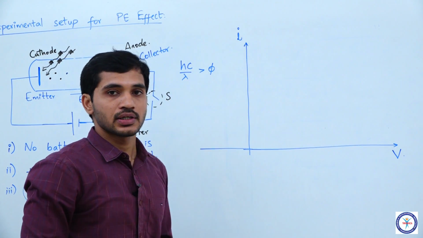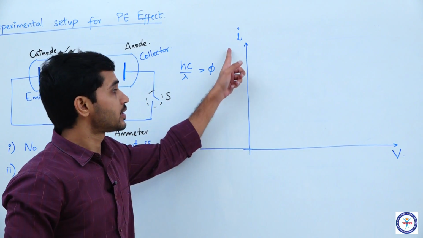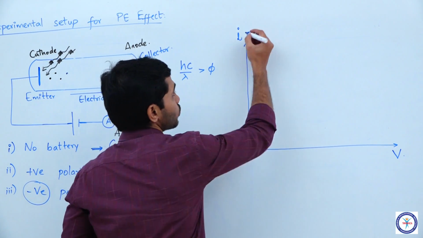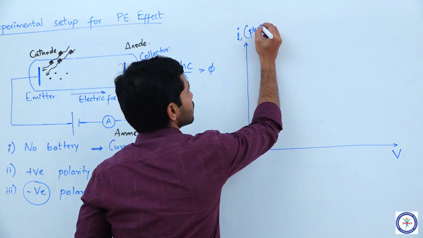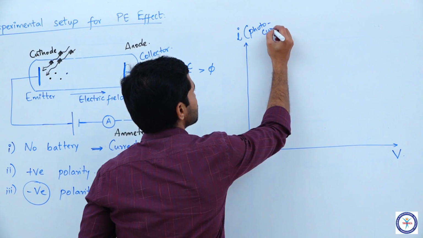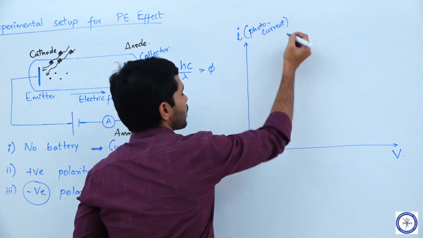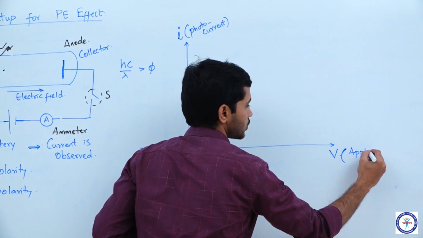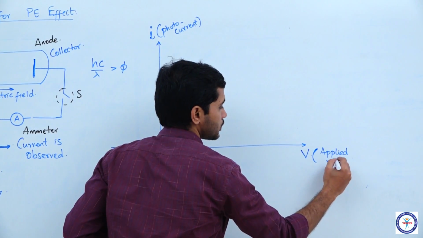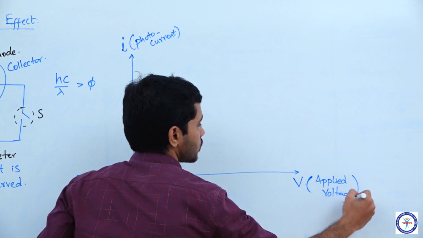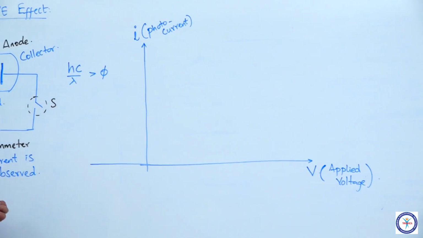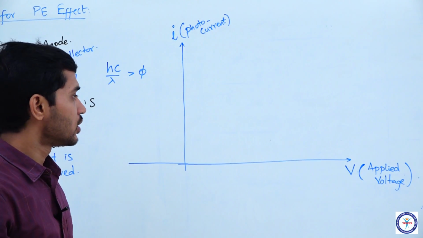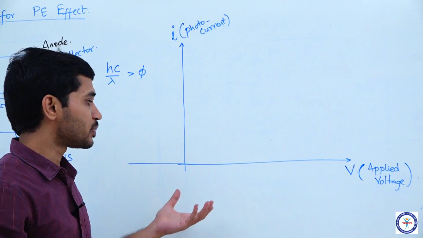We would draw the graph between the current and the applied voltage, the current here representing the photocurrent, and V here representing the applied voltage. I am going to show you the three cases which I have just discussed: no polarity, positive polarity and negative polarity. I will represent the whole thing on this particular graph.